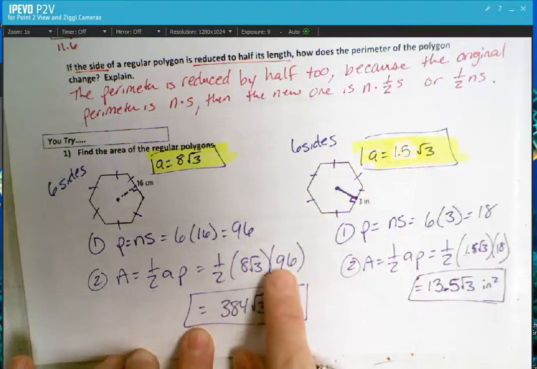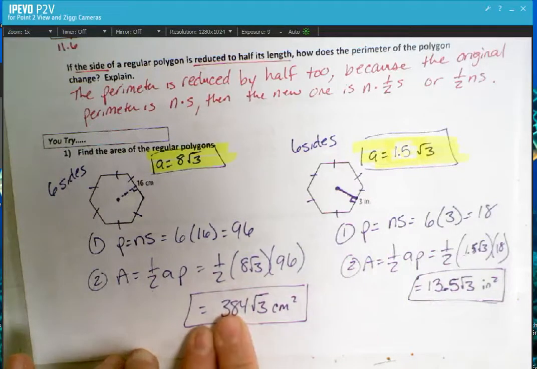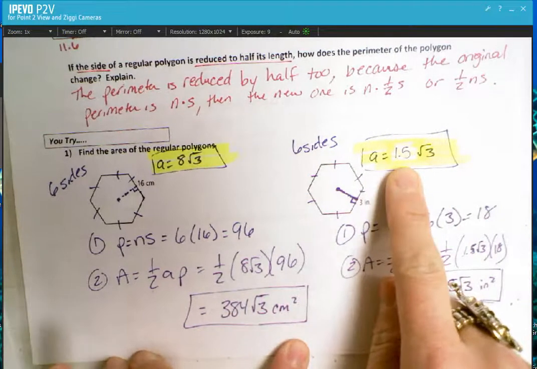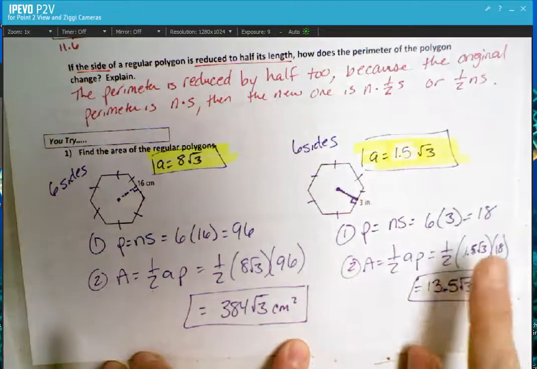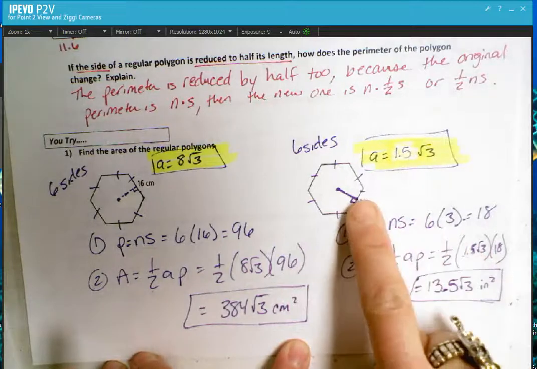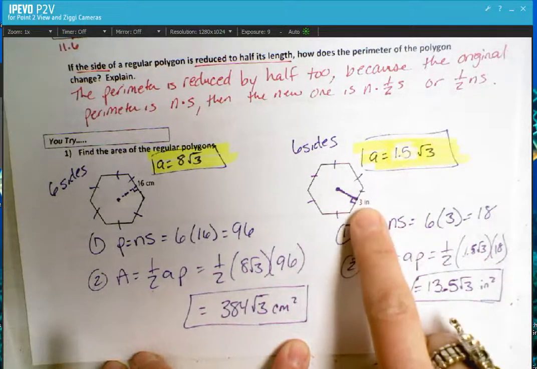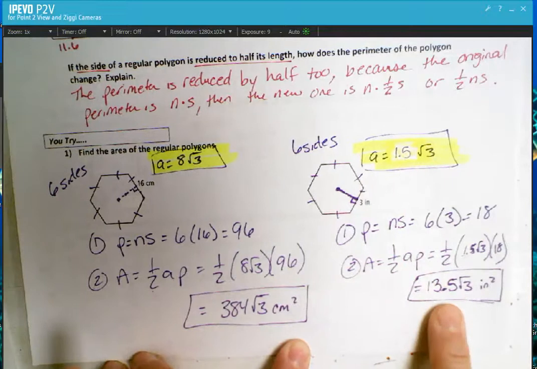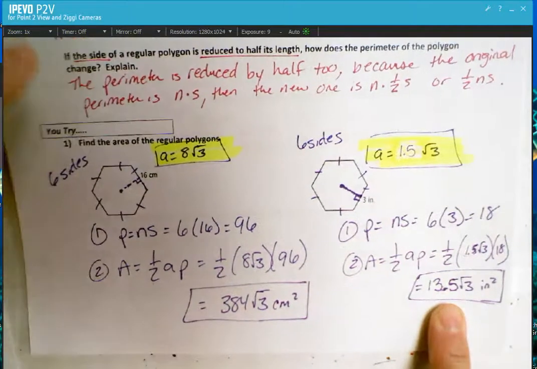So half of 96 times 8 gives me 384. Same over here, my apothem was 1.5 rad 3, so I substituted it in for apothem. I had to find my 3 times 6 sides to get my perimeter, and I end up with 13.5 rad 3 inches squared. So make sure you jot down your questions so that we can talk about them tomorrow.